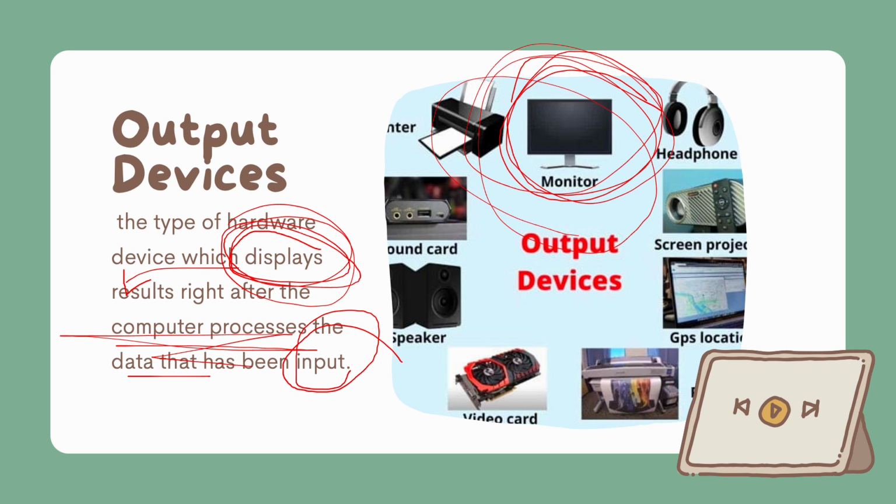If I type something, then I want to put it on a bond paper, where can I see it? On the printer. Good job, everyone. So again, output devices are devices that display results or information.